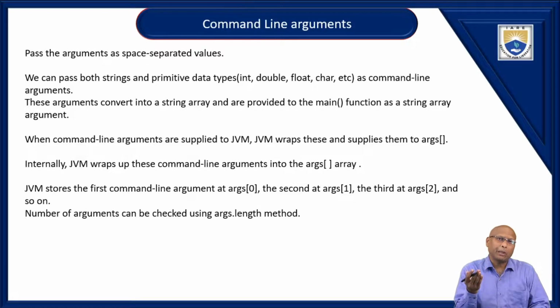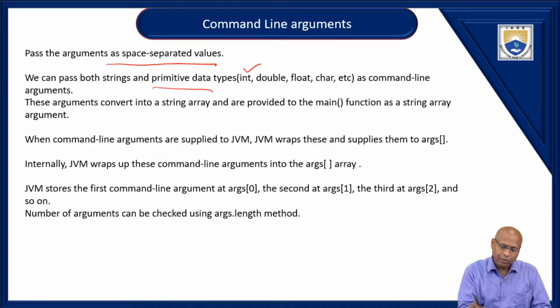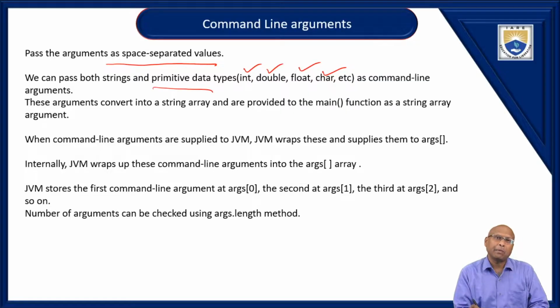Whenever you pass multiple arguments, every argument must be separated by a space, so space is the delimiter between the elements. We can pass both strings as well as primitive data: integer, boolean, float, character, or string. Any kind of data can be passed at the command prompt, but everything must be separated by a space.